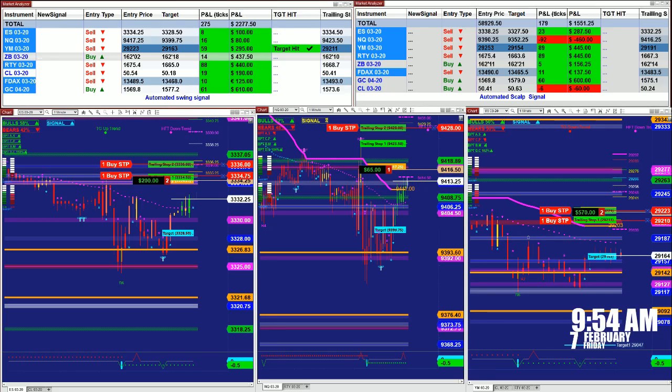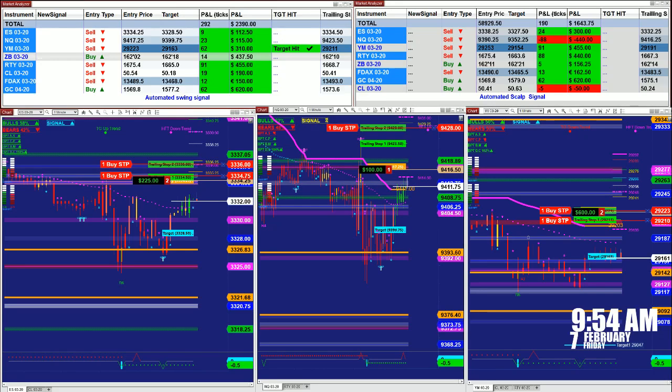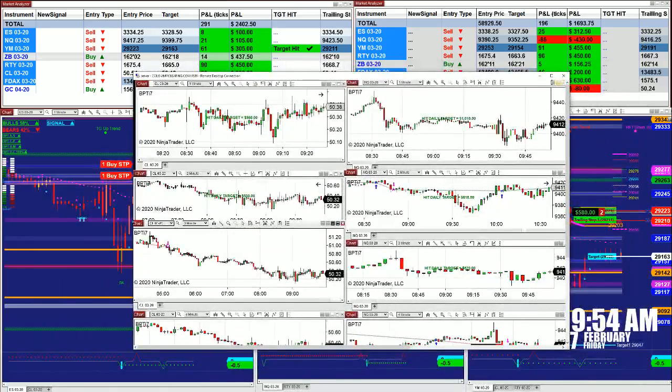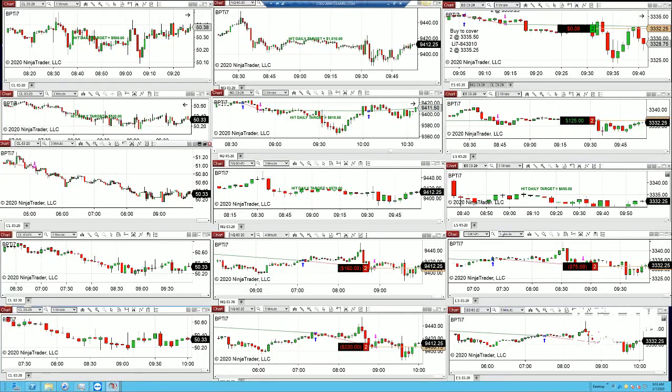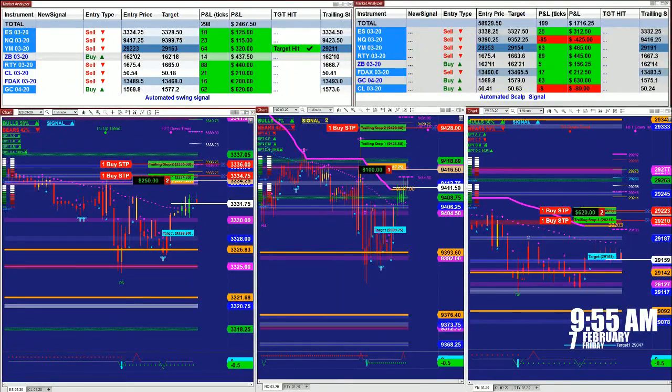There are not even trades on the auto trade right now. It's just flat. Nine charts, and there is not even one trade, so we'll cover that.